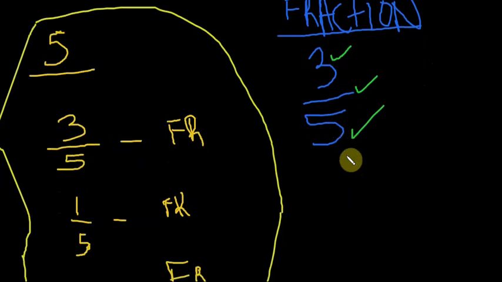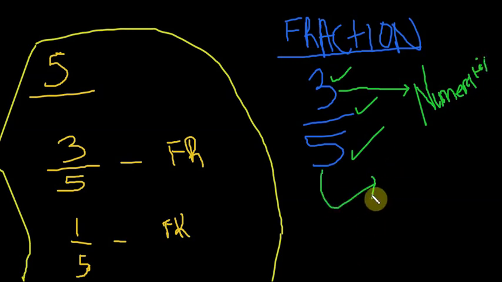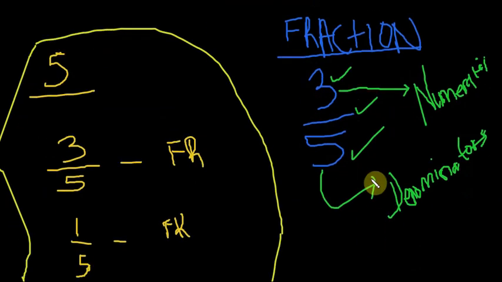The number on top of the line is called the numerator. And the number at the bottom of the line, below the line, is called the denominator. So a fraction is a number that has a numerator and a denominator.